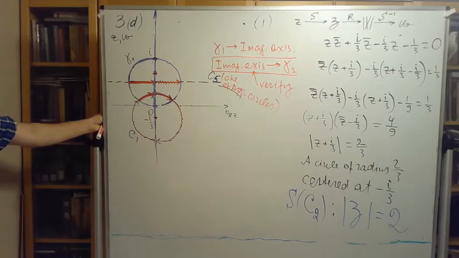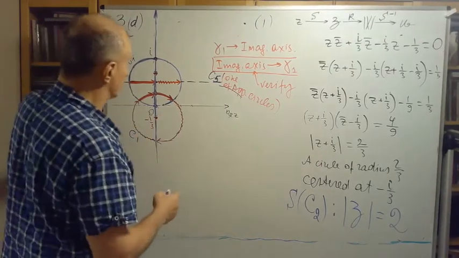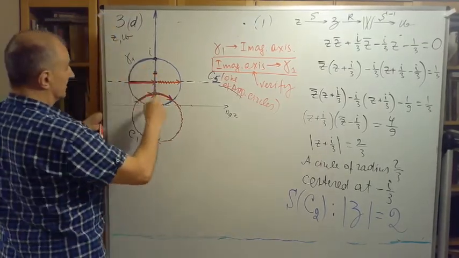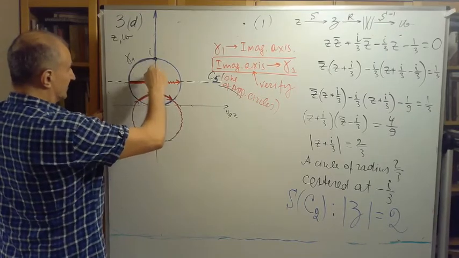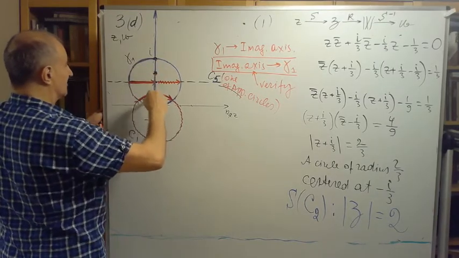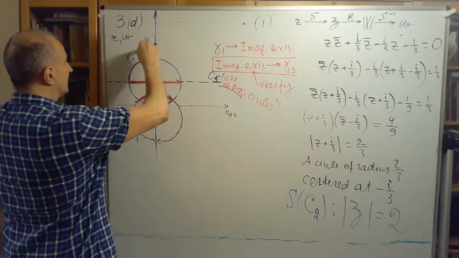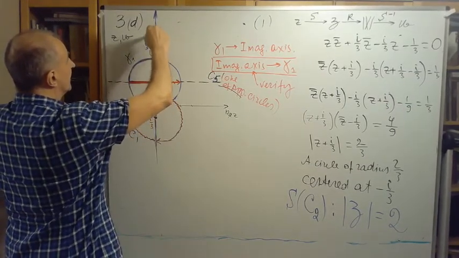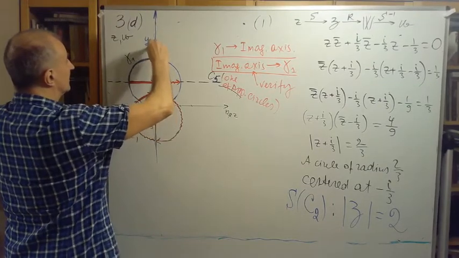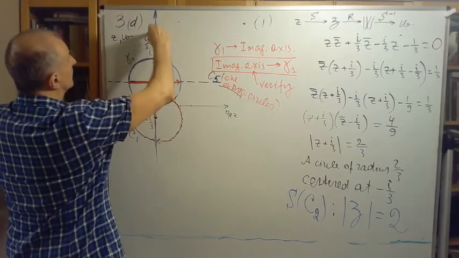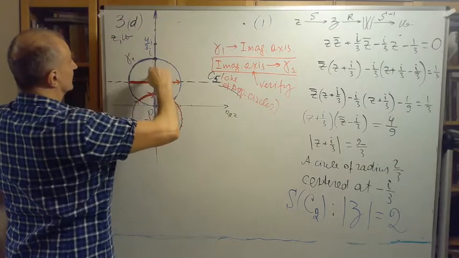So I guess, it's my guess, but my guess is pretty good here. And here it will be a circle symmetric to this one. So the center will be 1/3 unit above I here, at the point 4/3 I, and the radius will be 2/3.